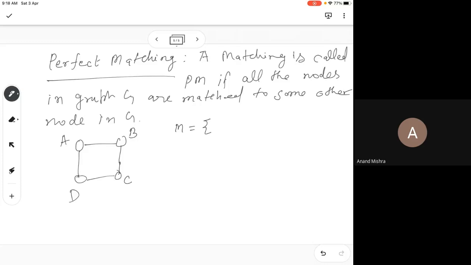What will be the perfect matching in this graph? AD, BC. Yeah. So one of them is AD, BC. Let's call it M1. M2 is, let's say, AB, CD, right? Both of them are perfect matchings, right? So this is called a perfect matching.